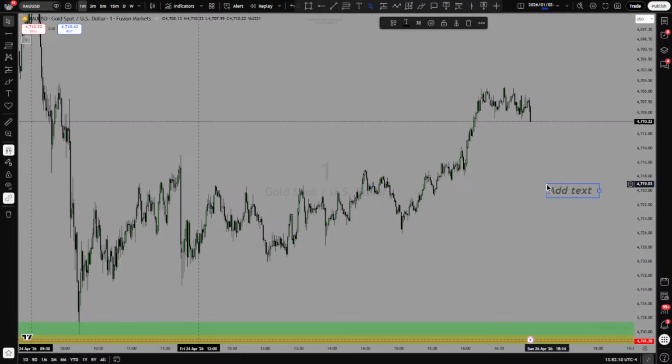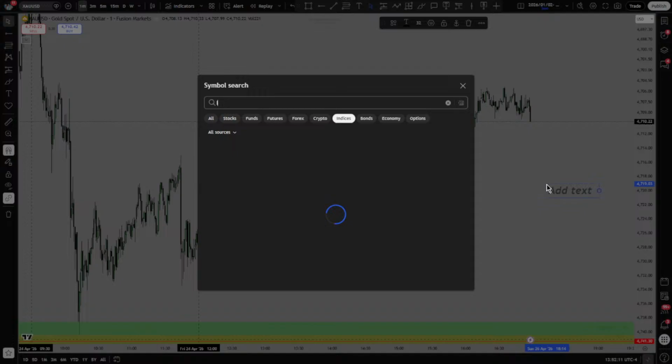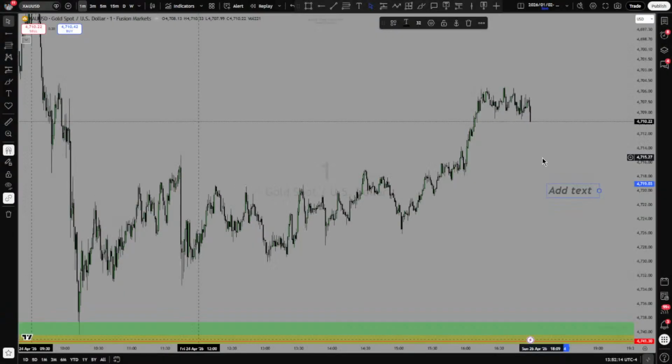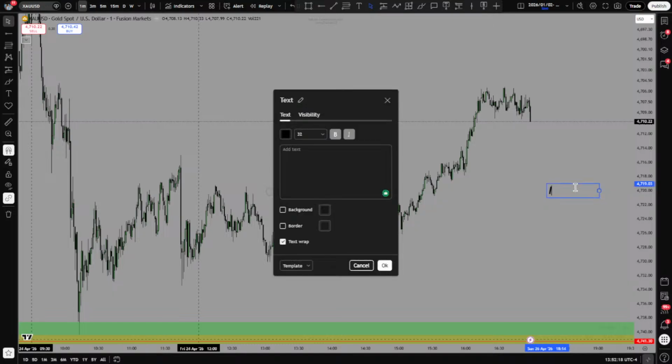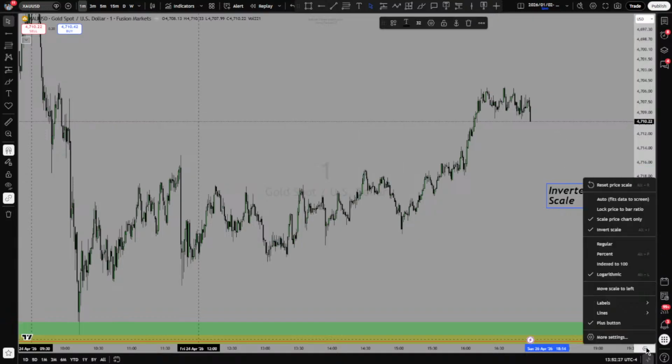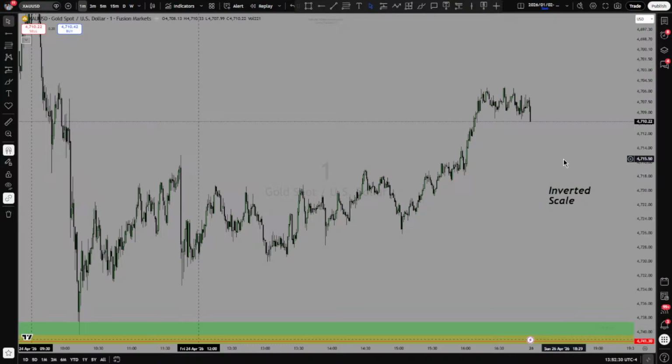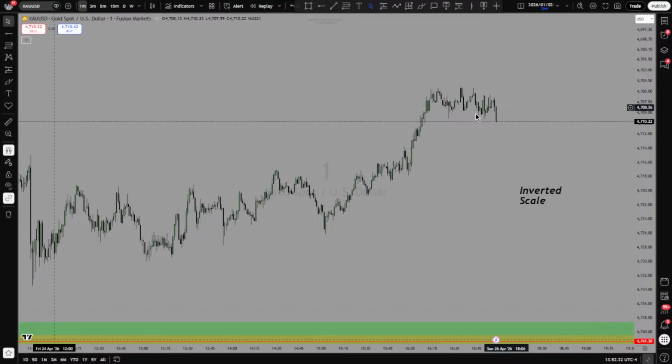I just use the inverted scale. Okay, so this is the inverted scale. I don't know if I got that correct. Oh yes, inverted scale. It means that the market is upside down.